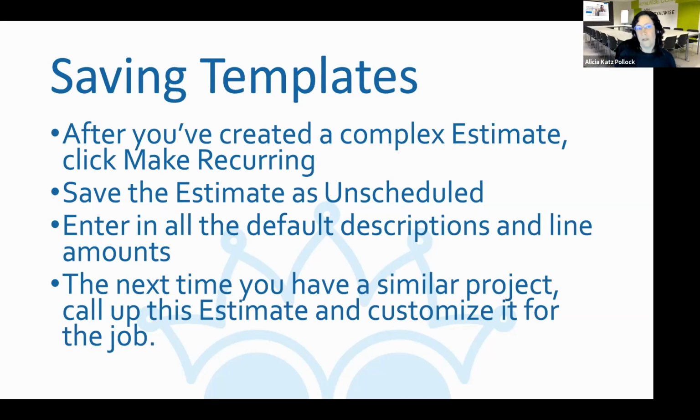And then they just go into the recurring items and open up that estimate and then take out lines they don't need, modify the description so that they're specific, and then put in the dollar amounts for that particular job. But that keeps you from having to start from scratch every single time, because you don't want to overlook any of your fields. So this is one of Alicia's hot tips for being effective with your QuickBooks and saving some time.